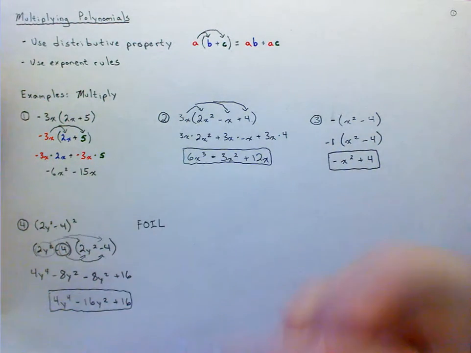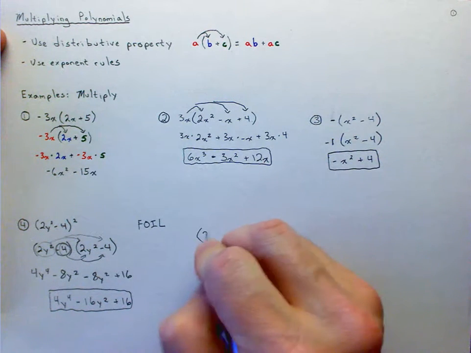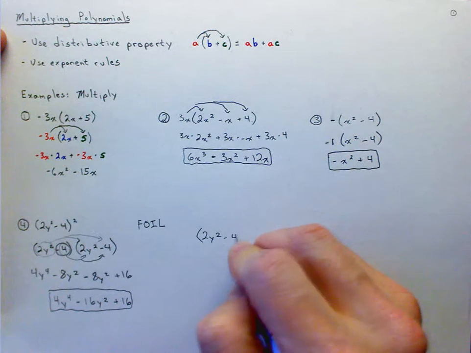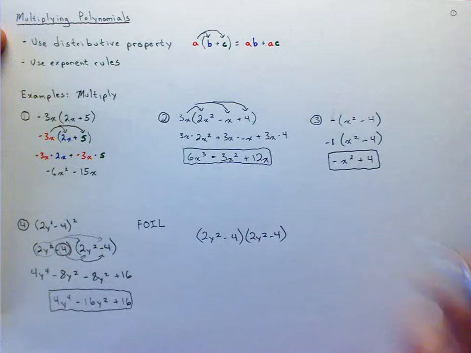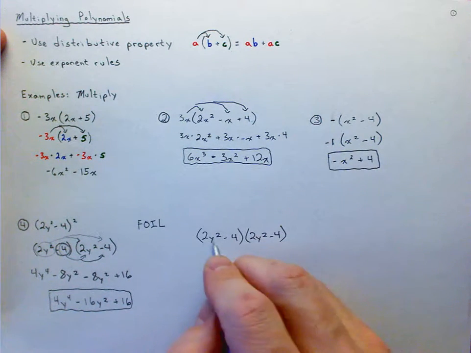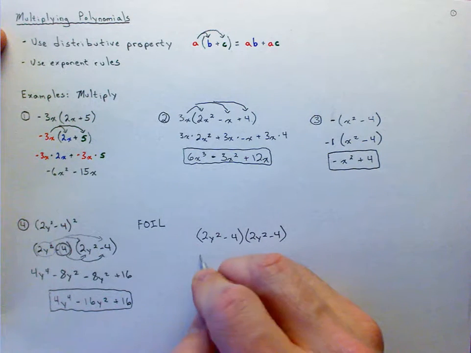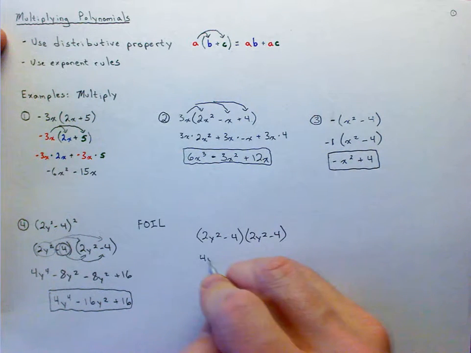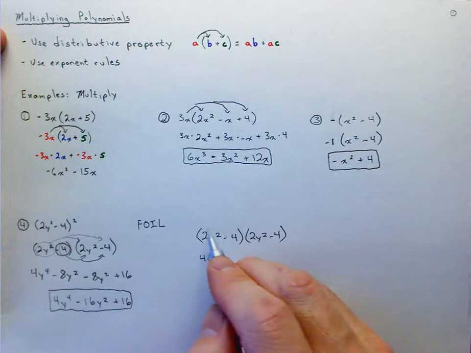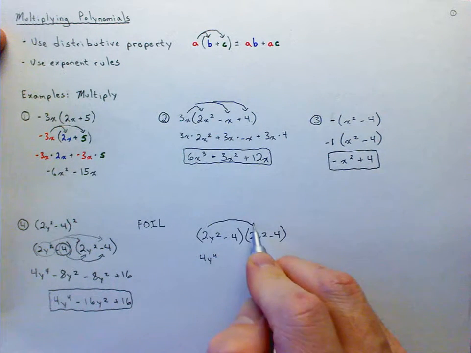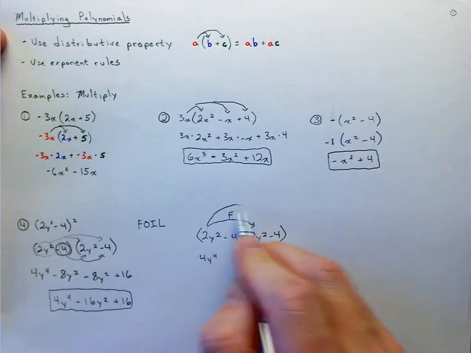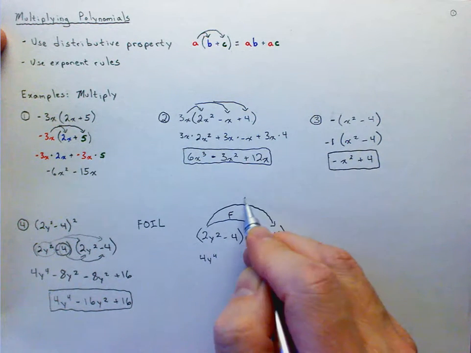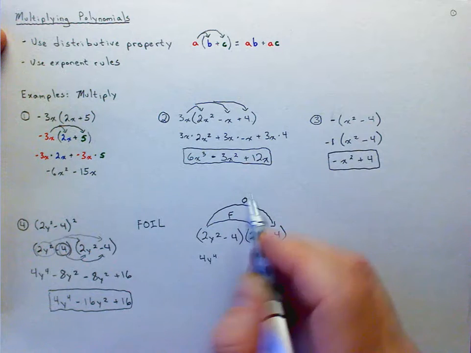If I did it with FOIL, first, 2y squared times 2y squared, that was first. Outer, see, that's what I did here.